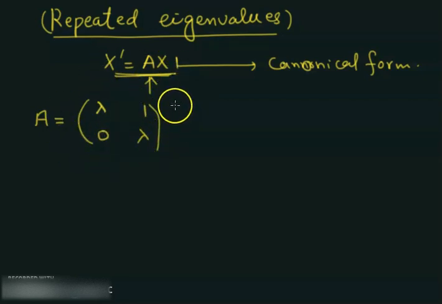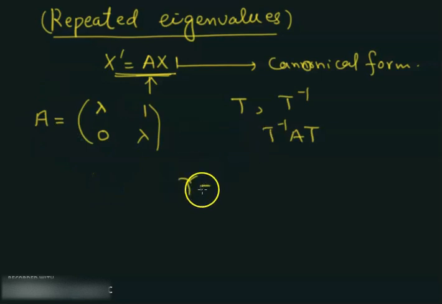So given any other system, we can define a T and then T inverse, and then T inverse A T will put this matrix into canonical form, and we will have y prime equal to T inverse A T y, a new system where this matrix will be in the canonical form.